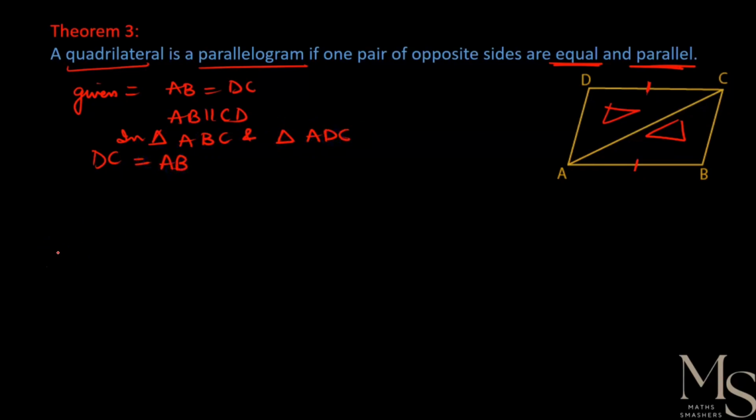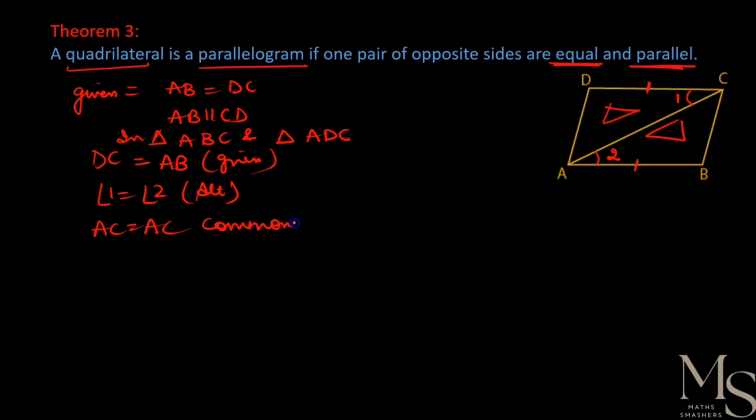As the parallelogram, ये जो opposite sides हैं वो parallel हैं. दैट मीन्स पैरेलल कब होती हैं, उनके ऑल्टरनेट एंगल्स भी इक्वल होने चाहिए. मतलब एंगल 1 इक्वल होगा एंगल 2 के, बिकॉज दे आर ऑल्टरनेट एंगल्स. और ये क्या है, गिवन है. और क्या गिवन है, दैट इज AC इज इक्वल टू AC, कॉमन. सो बाय साइड एंगल साइड क्राइटेरिया वी कैन से ट्राइंगल ABC इज कॉन्ग्रुएंट टू ट्राइंगल ADC. ठीक है, दोनों ट्राइंगल्स कॉन्ग्रुएंट हो गए.